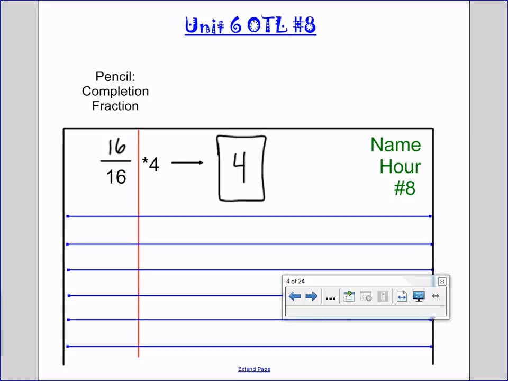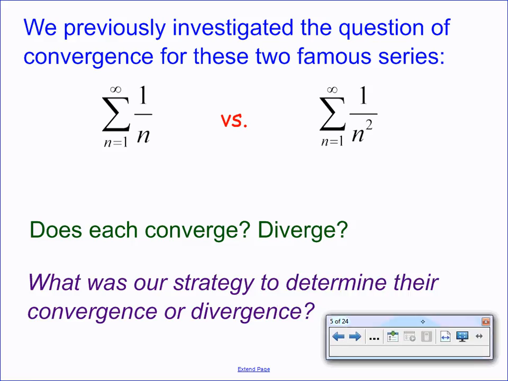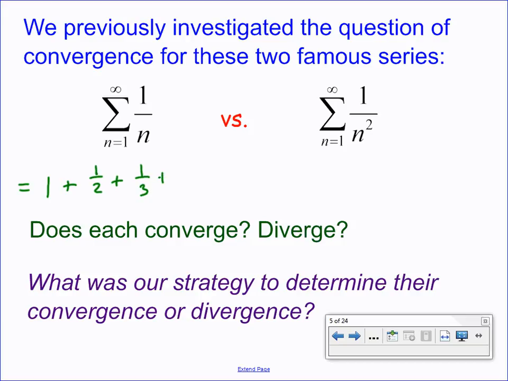Okay, ladies and gentlemen, let's take a look at these two famous series. Everybody, let's focus back in. We previously investigated the question of convergence for these two famous series. That is the sum from 1 to infinity of 1 over n, a partial expansion of which would be 1 over 1, which is 1, plus 1/2, plus 1/3, and so on, plus 1 over n forever after.